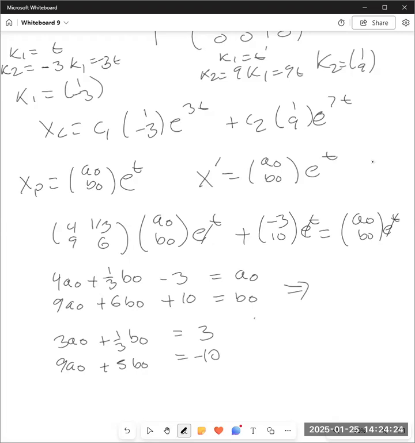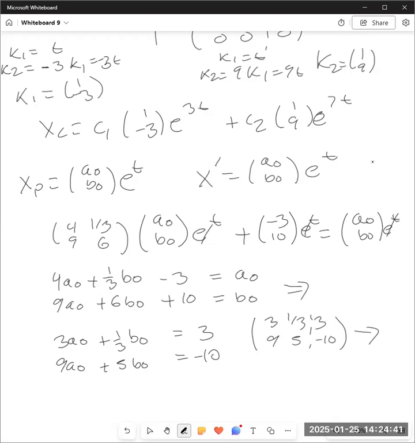So that makes [3 1 3; 9 5 -10] for my matrix equation that I want to solve.